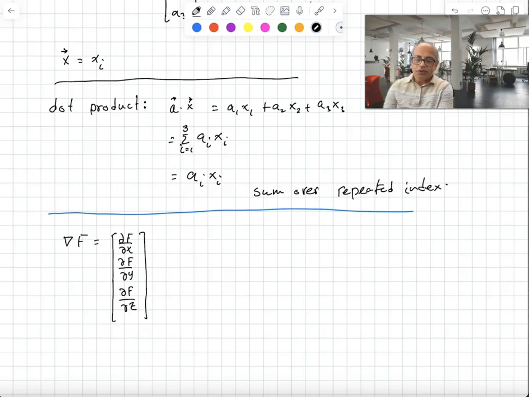And this one we'll just write as partial f with respect to x_i. So I have a free index i, and it has three components. I'll have to differentiate f three times independently.